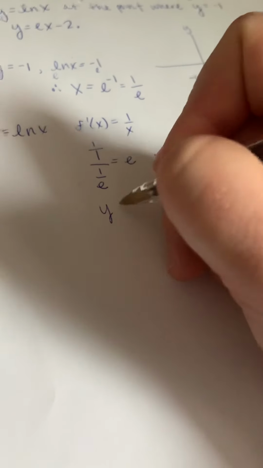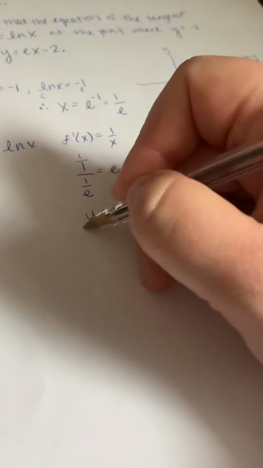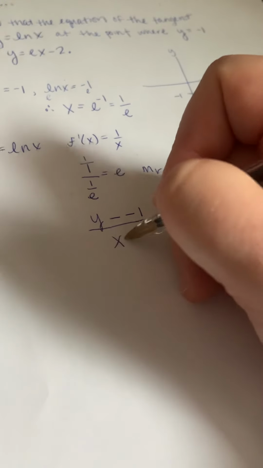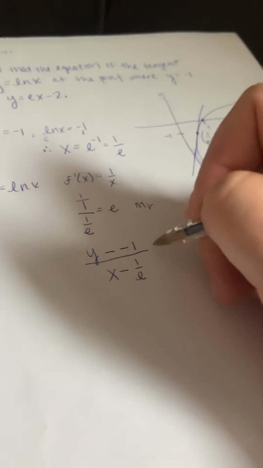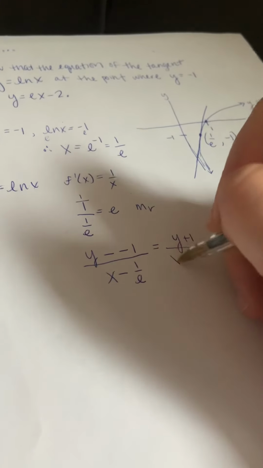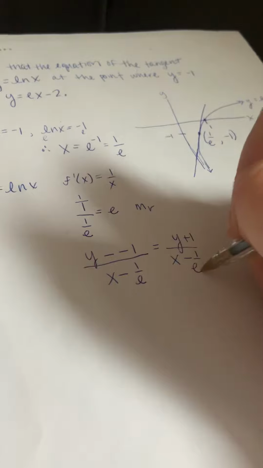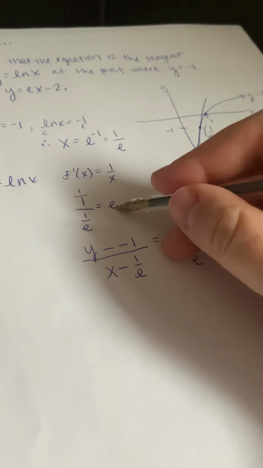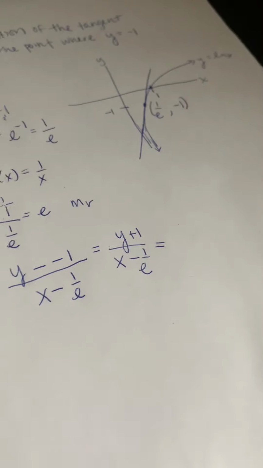And then the tangent equation, you would say y minus -1 over x minus 1 over e, which would equal y plus 1 over x minus 1 over e. And that's going to be set equal to your gradient, which is just e.